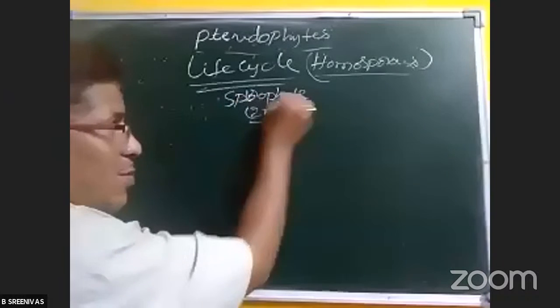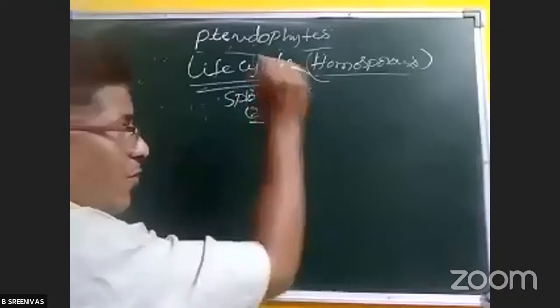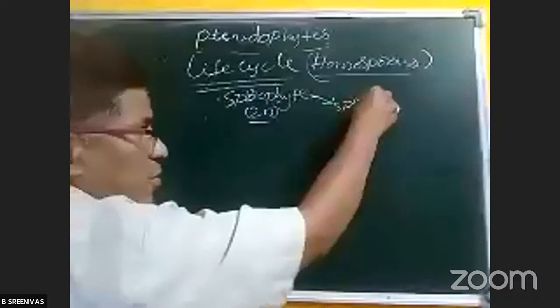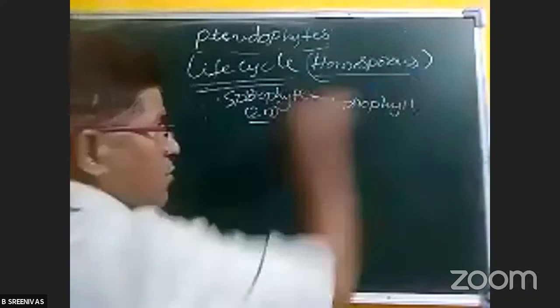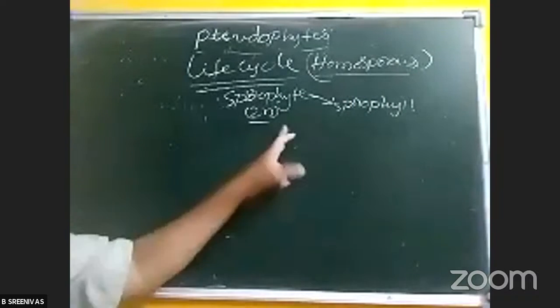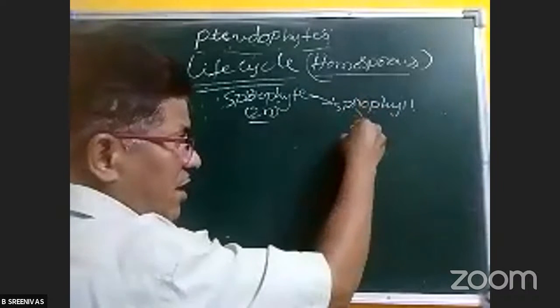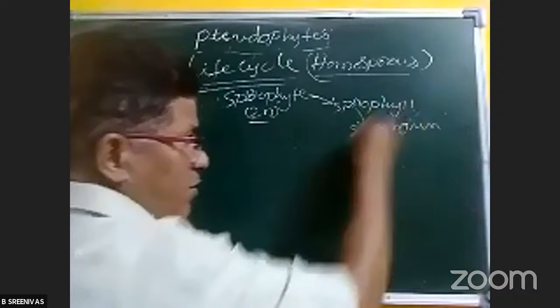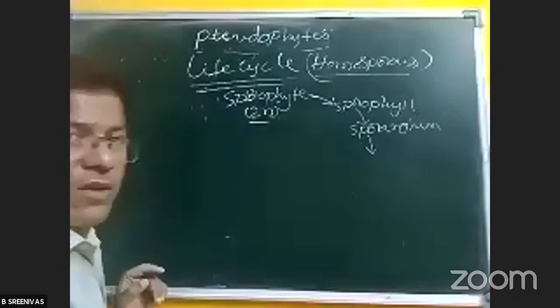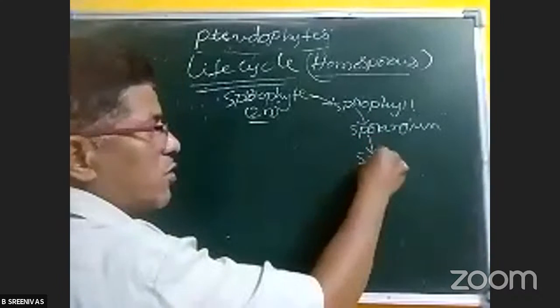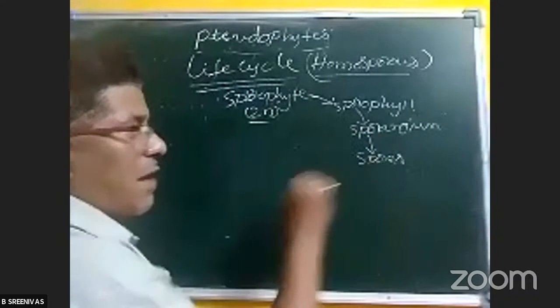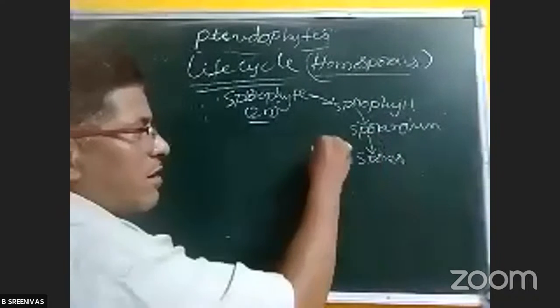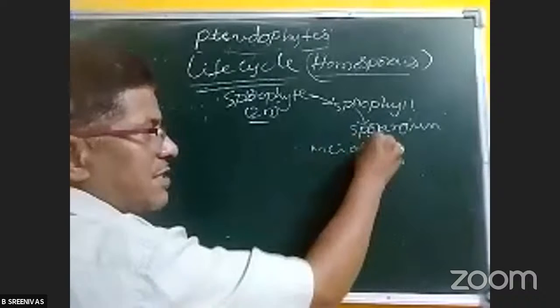So the sporophyte produces sporophylls. In these sporophylls, sporangia are produced. In the sporangium, spores are produced by meiosis division.